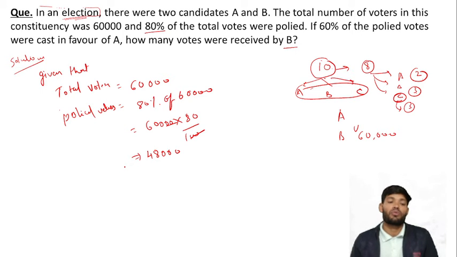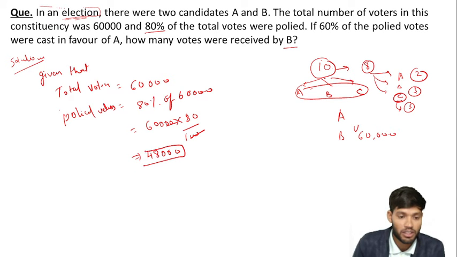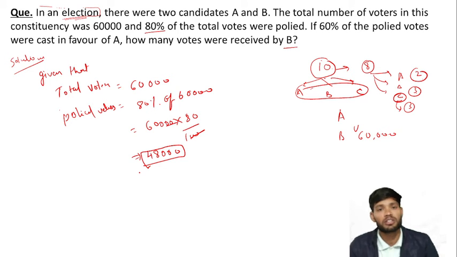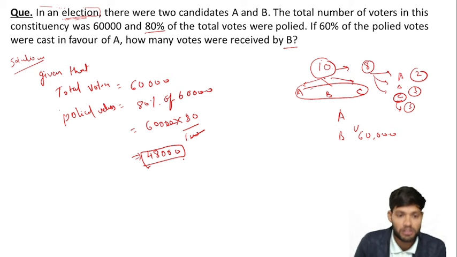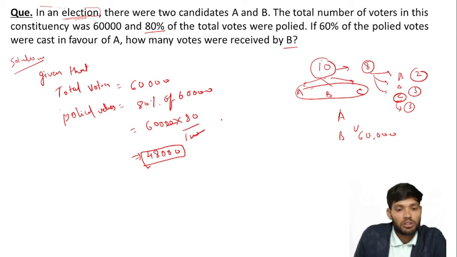So total votes polled, received by all the candidates, is 48,000, which are valid to distribute among all the candidates. So now total votes polled are 48,000.